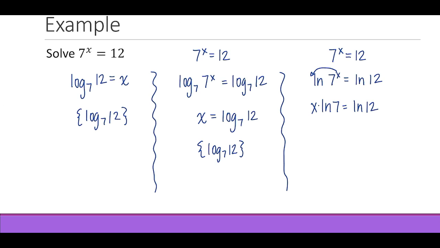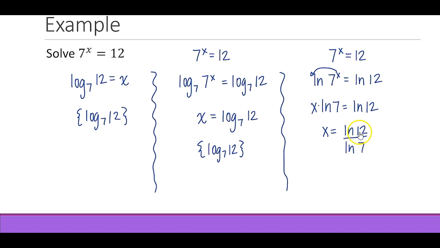Well, now I want x by itself. I have x times natural log of 7, which is just a number. ln 7 is a number, so I can divide by it. So I'll have x equals natural log of 12 over natural log of 7. So we have x by itself. But you might be thinking it doesn't look like the first two answers.